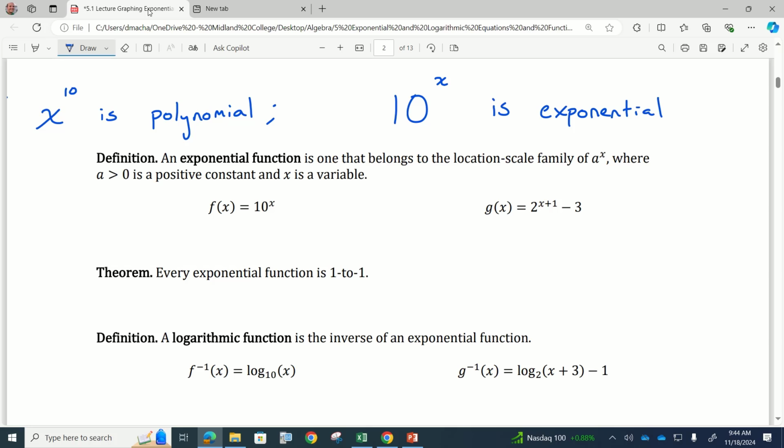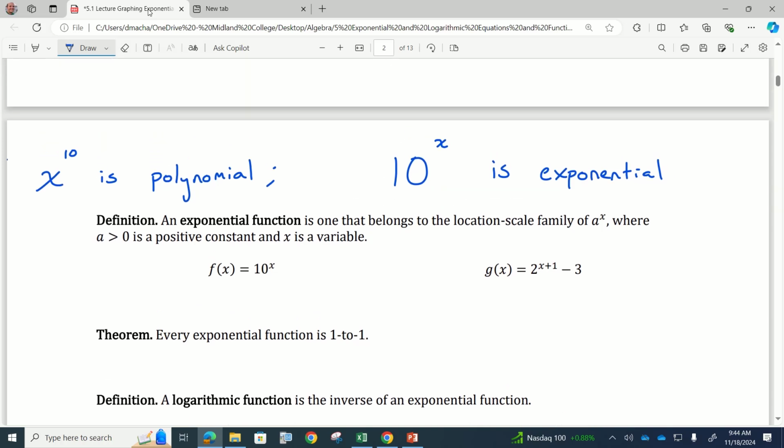Or if the exponent is something weird, maybe we call this a power function, because it's x raised to some weird power. But if it's x raised to a natural number or a positive integer, we call that a polynomial. And then if we flip the script and we say, okay, the base is now the constant and the exponent is now the variable, that's what we call an exponential function.